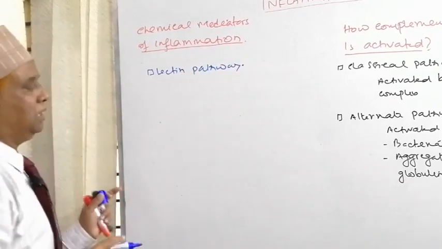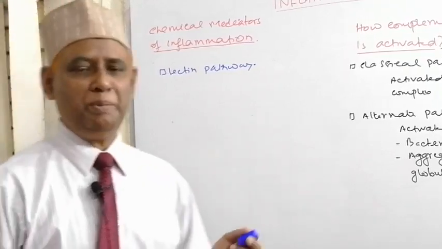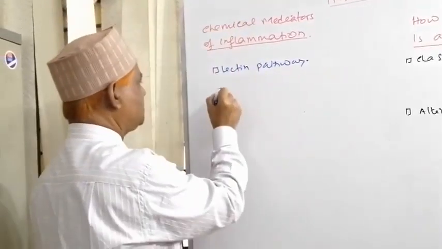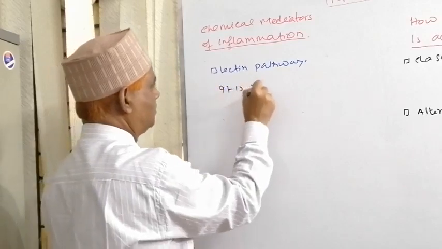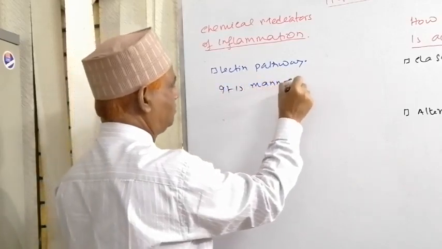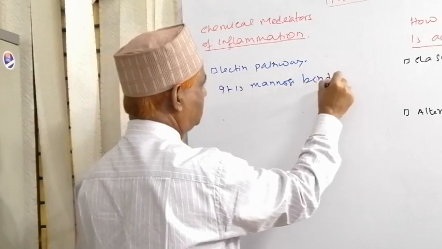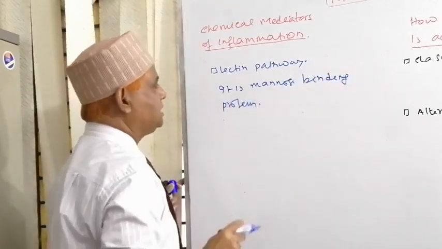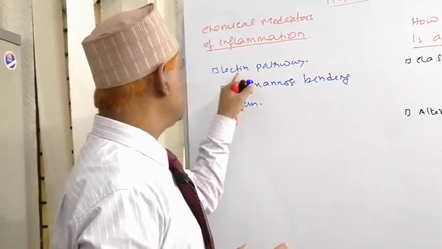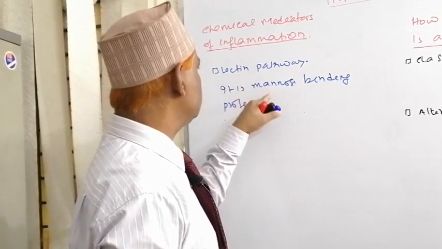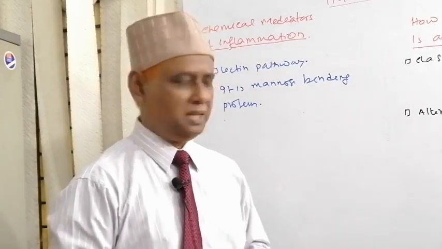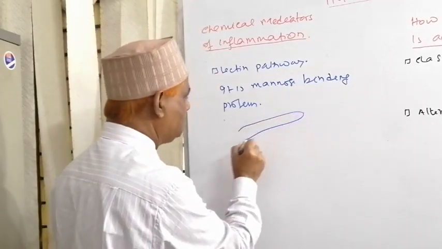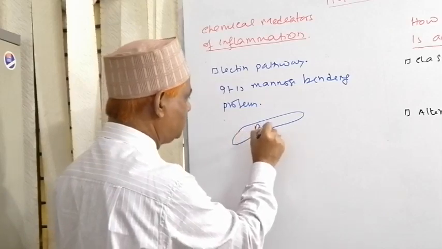You know, lectin is a mannose binding protein present in our plasma. Mannose is nothing but a carbohydrate. So lectin is a protein that binds mannose in our plasma. It is called mannose binding protein. Suppose this is bacteria.